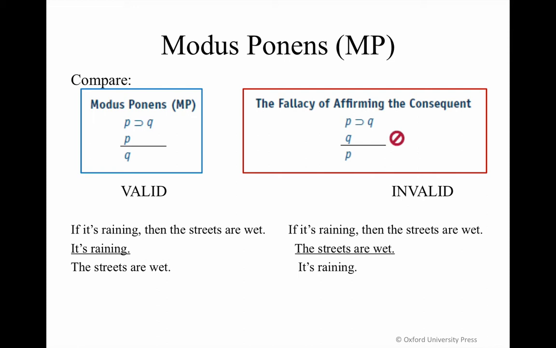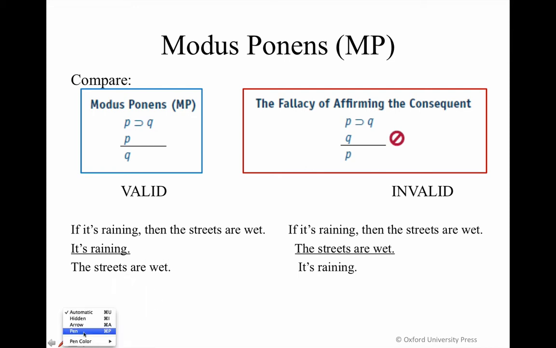You have the same first premise in the red box, P horseshoe Q, but notice that the second premise is Q. When you affirm the consequent, you are not allowed to infer the antecedent. That's because this argument is invalid.